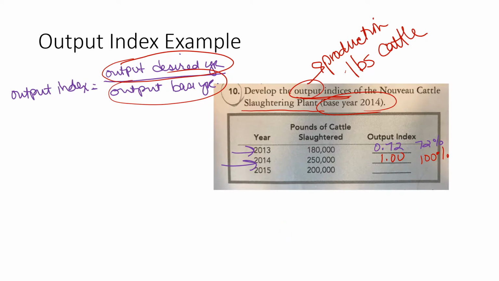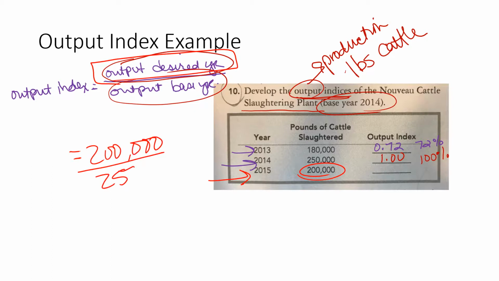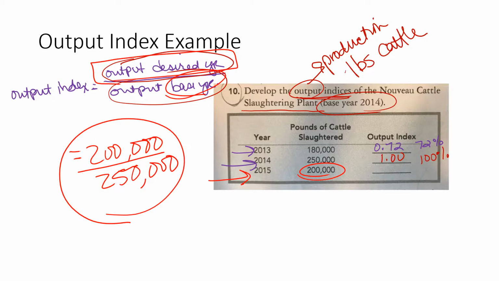So for 2015, our desired output is 200,000, and we're going to divide that by our base year output, which is 250,000. If I do that in my calculator, I get 0.80 or 80%.